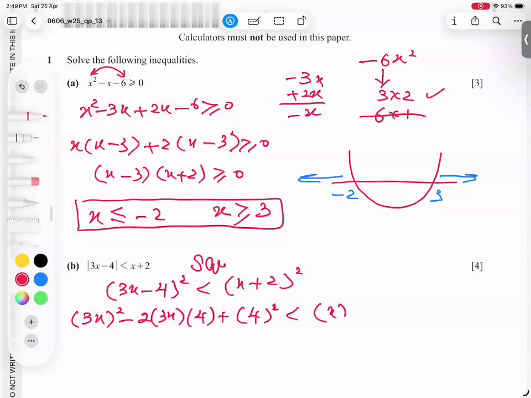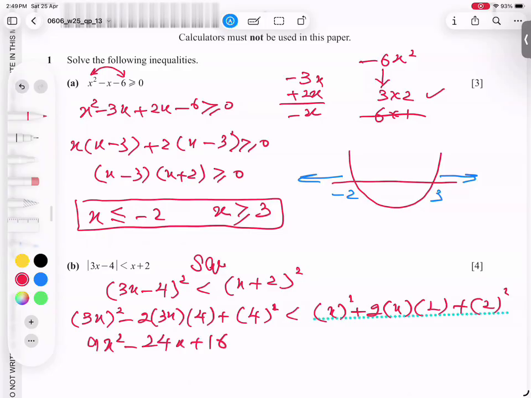And the same here: first term square, 2 into first term into second term, plus second term square. I'm getting 9x to the power 2, 2 3s are 6, 6 4s are 24, and 16, x square plus 4x plus 4.